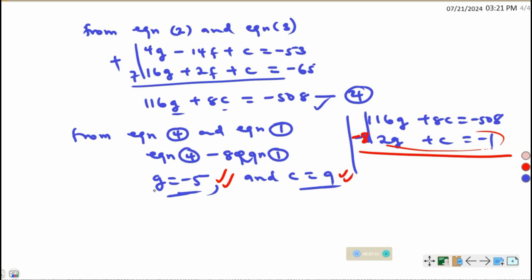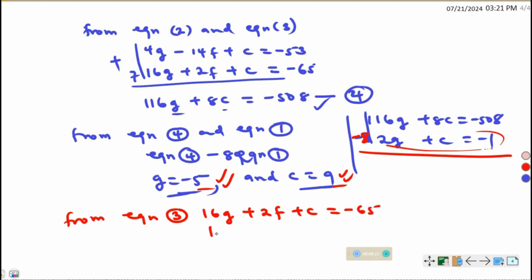So after getting g and c, we look at how best we can obtain f. So we shall consider equation number 3, which is 16g plus 2f plus c equaling to negative 65.